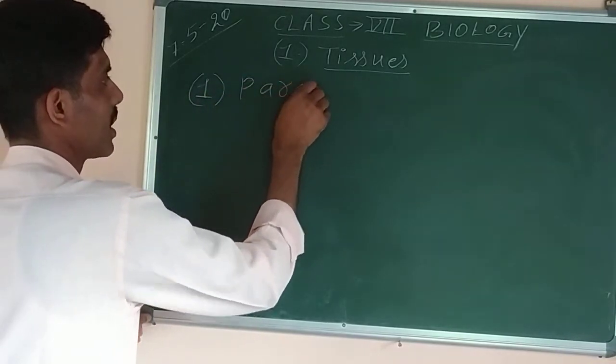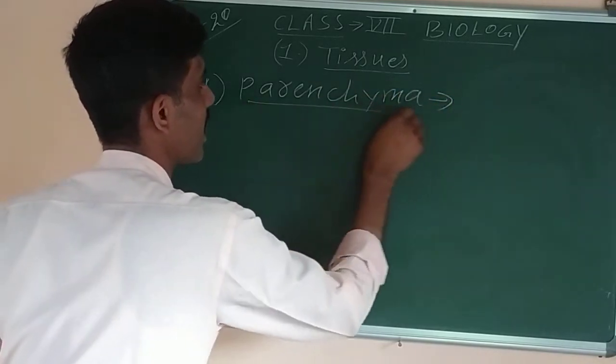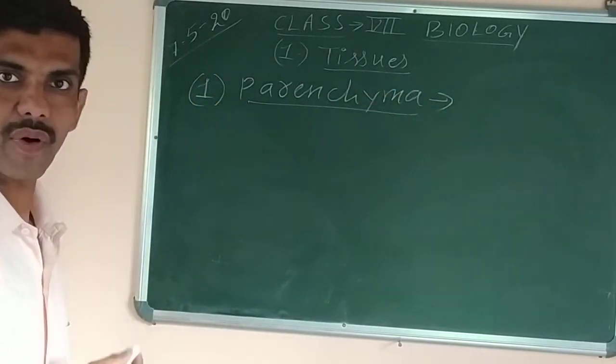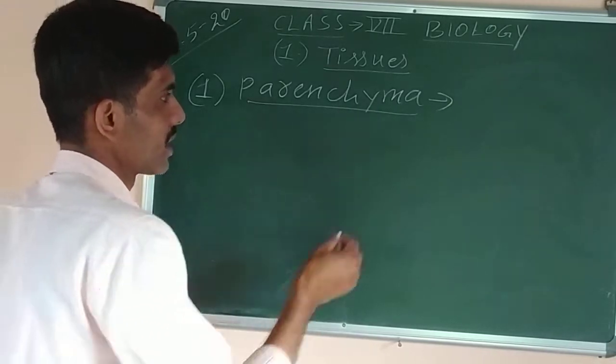Okay, see what type of cells are present in parenchyma tissue. Parenchyma tissue is made up of small spherical or oval cells.